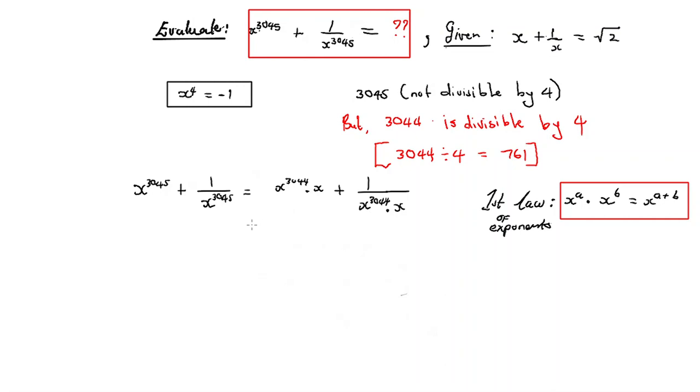Simplifying further, instead let me say x exponent 4 raised to exponent 761 times x, plus 1 over x exponent 4 raised to exponent 761 times x.